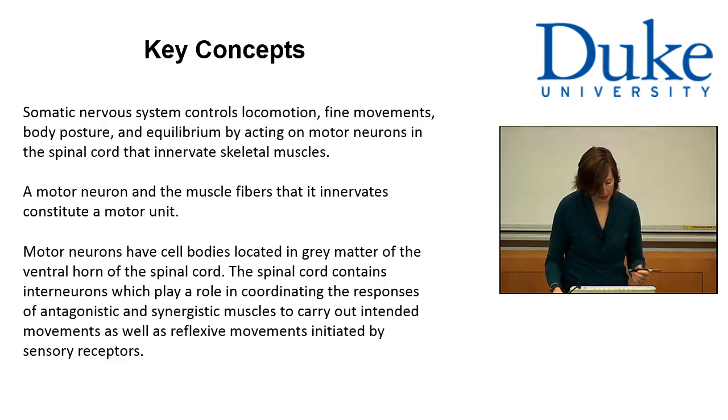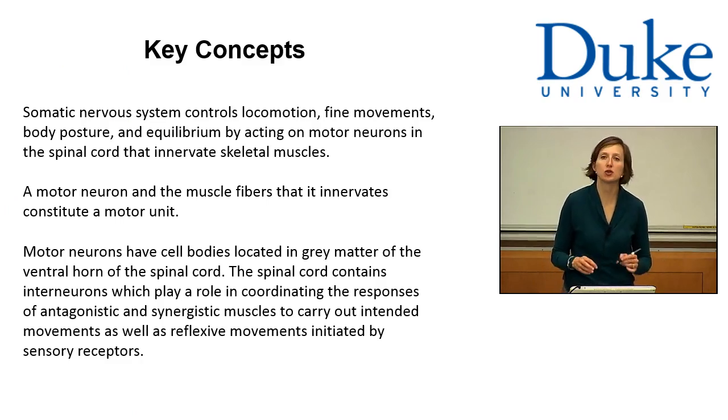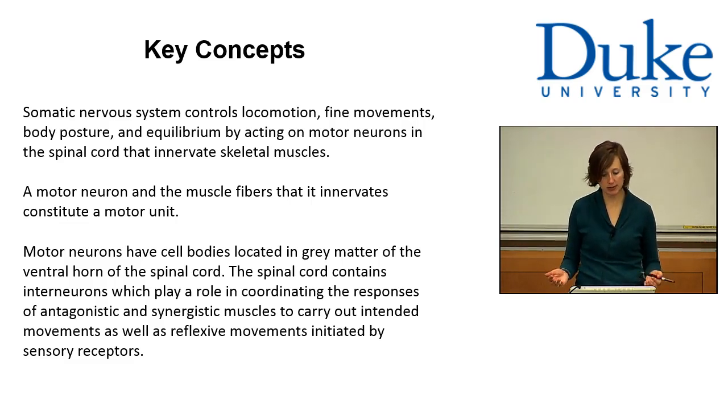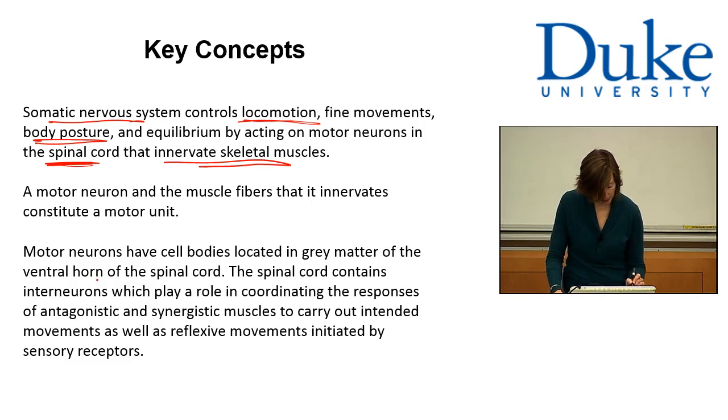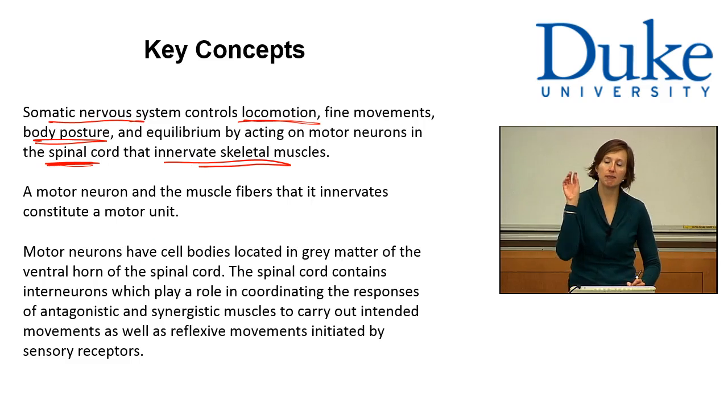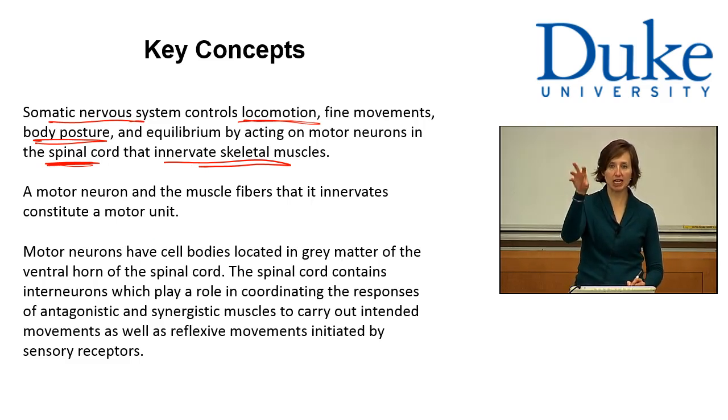So we've just had an introduction to the somatic nervous system, where we're going to control many different types of movement. For instance, the diaphragm that controls our breathing is skeletal muscle. So things like that, as well as obviously the muscles that are important for posture and locomotion. And these somatic motor neurons are sitting in the spinal cord, and they're going to act on skeletal muscle. A motor unit is going to be a somatic motor neuron and the fibers that it innervates or controls.